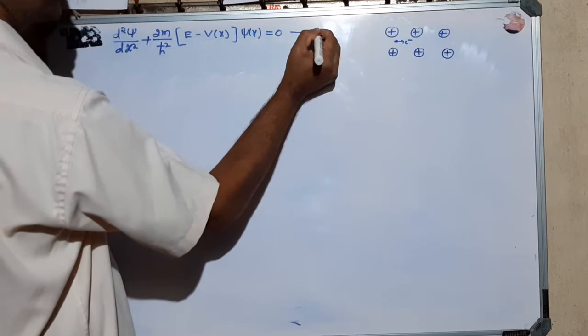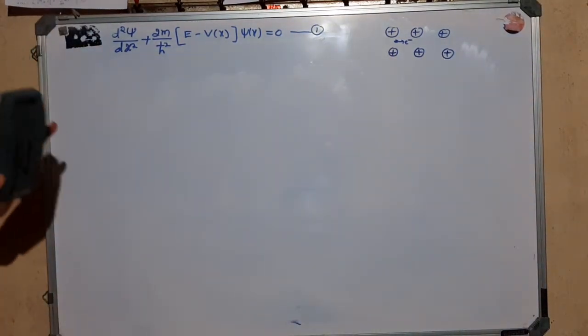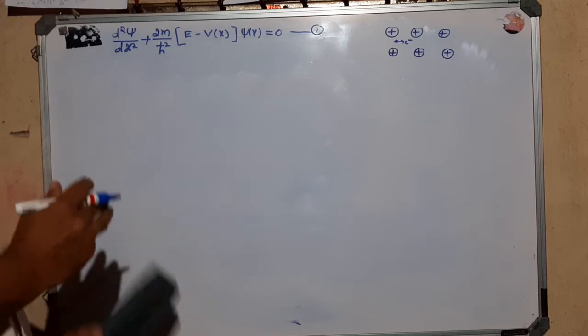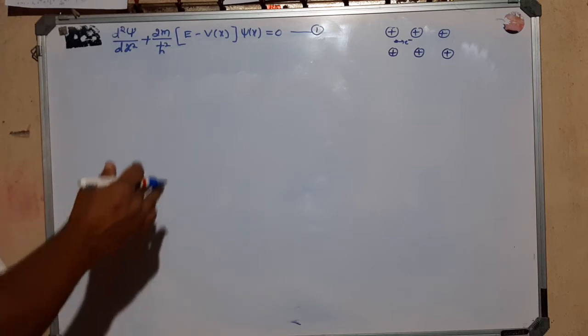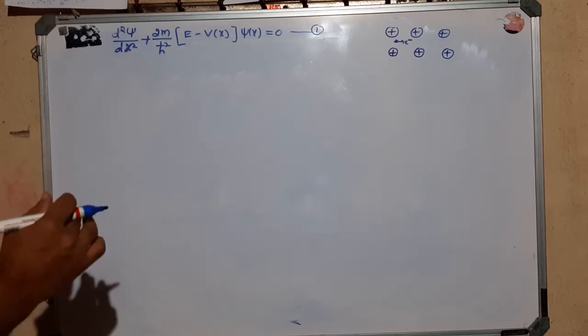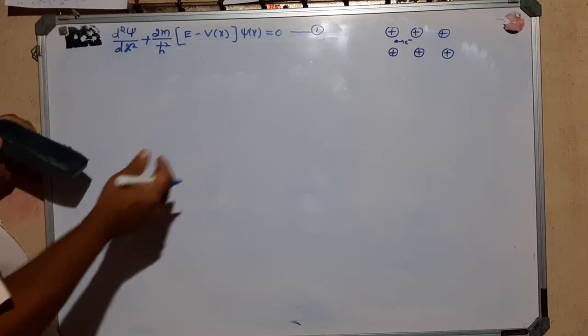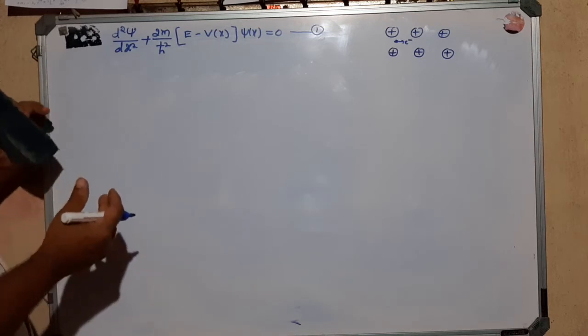This is equation number 1. Everyone has to note this down because it is a very lengthy derivation. Therefore, as I write, you have to note this down in your notes. As I tell the equation number, you have to refer to the respective one.